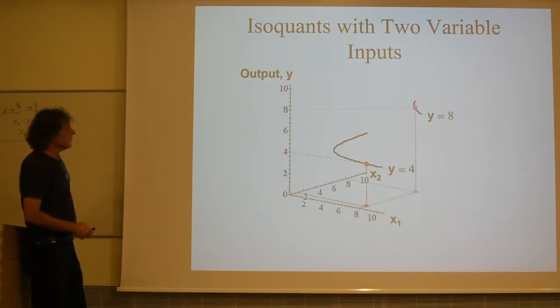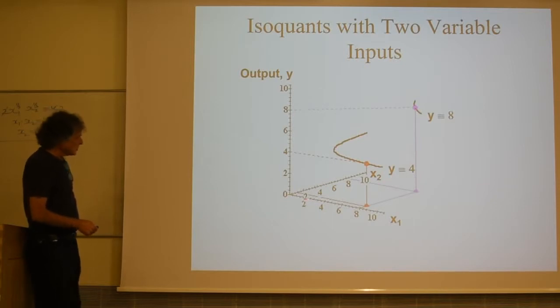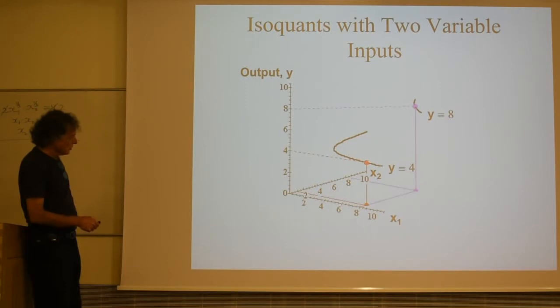Okay. I can describe it in a three-dimensional way. I put x1 here, x2 here, and when I go with x2 1 unit and x1 8 units, so 8 and 1, this is the point, I can produce 4 units of output.